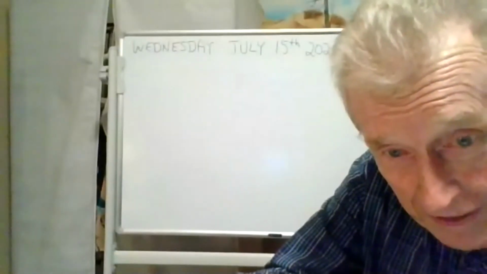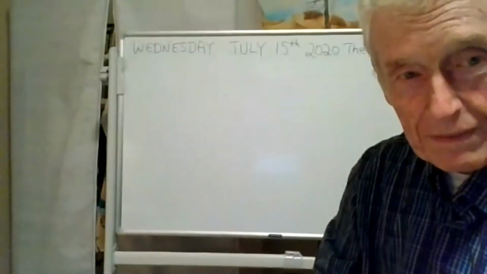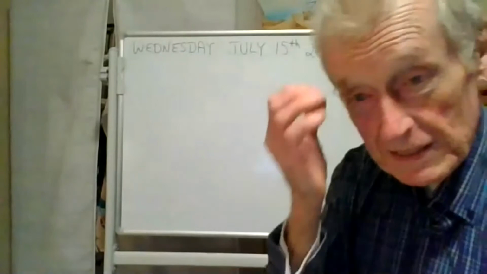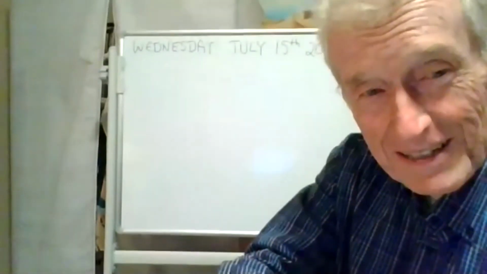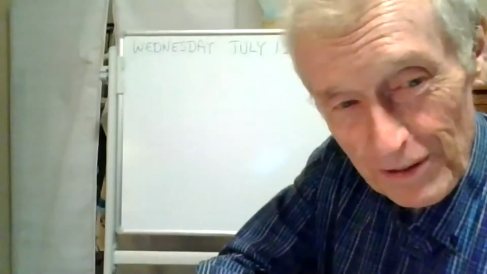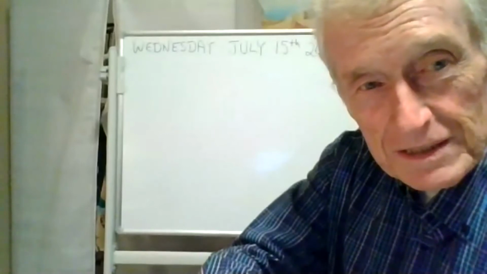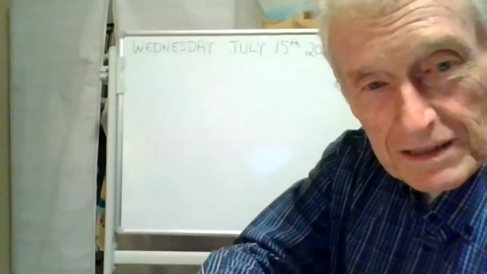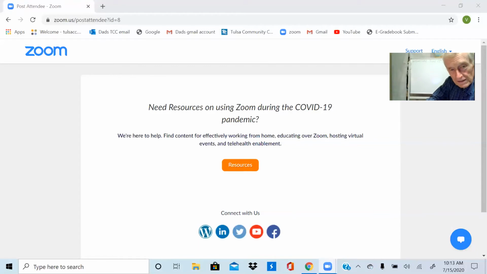Okay, now I'm going to follow her directions. I'm going to click on the little green share screen thing. Okay, click. Now what? I haven't seen this screen before. But it says share. Oh, gee.